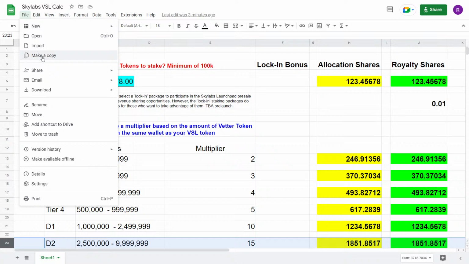Make a copy of it so you save it to your own Google Drive, and then you can edit it. I was seeing a handful of people saying that the document doesn't work, and I checked it on multiple devices, and I asked some friends to check it, and everything worked out just fine. Right now it's locked, but when you make a copy, it saves a copy for yourself, and then you can edit it and do everything that you want to do.